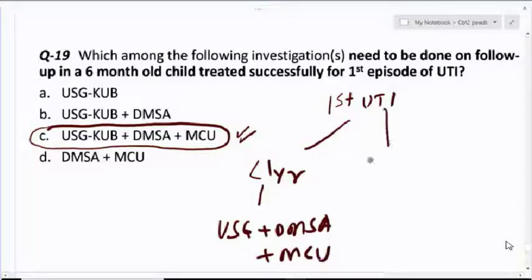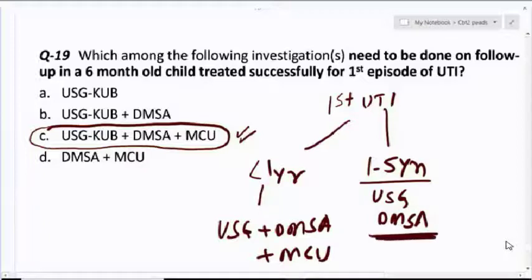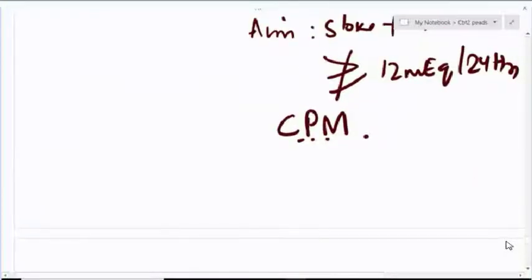If this child is between 1 to 5 years, we get an ultrasound and DMSA. If any of these is abnormal, we'll get MCU. After 5 years, we will get only ultrasound.